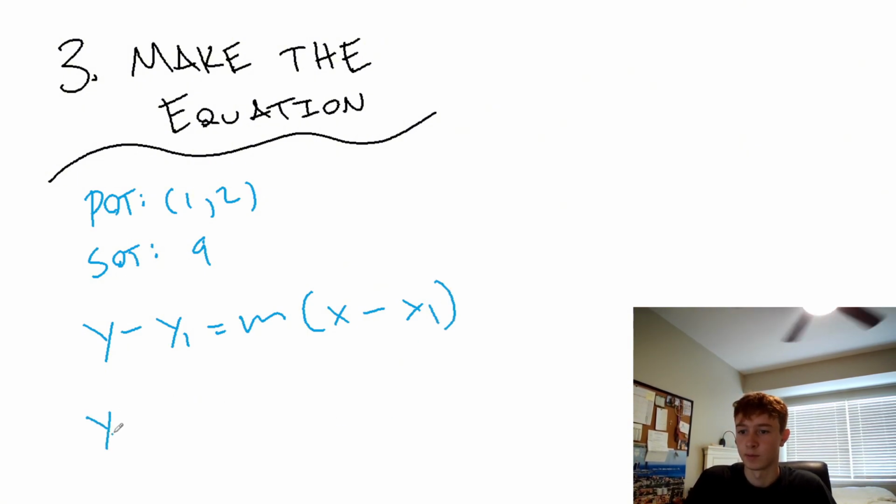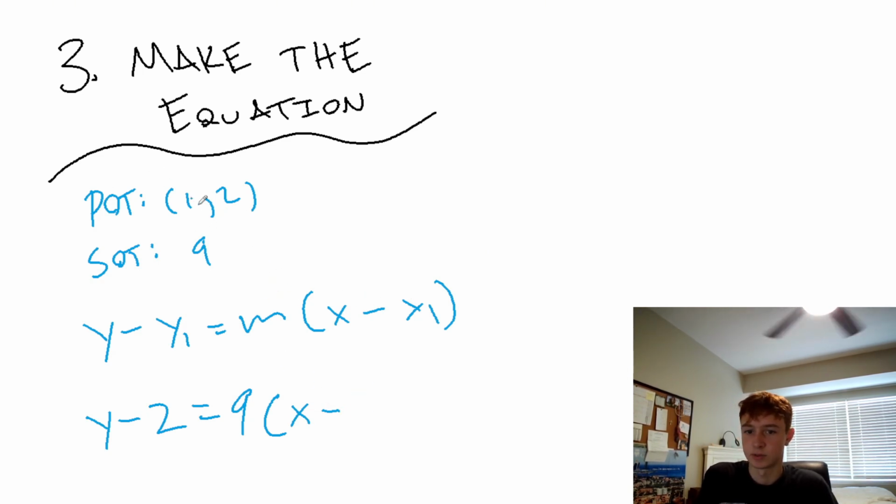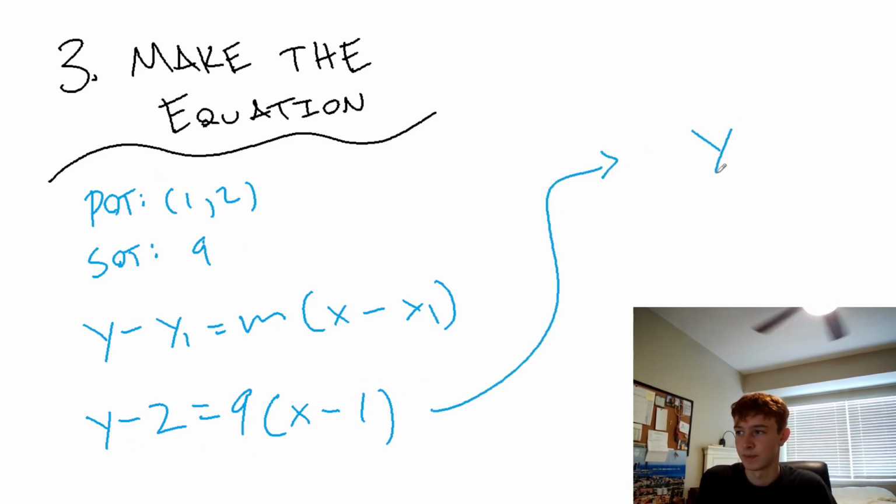So y minus y1 would be y minus 2, equals the slope, which is 9, times x minus x1, which is just the x coordinate, so 1. And then we could further simplify this into y equals 9 times x minus 1 plus 2.